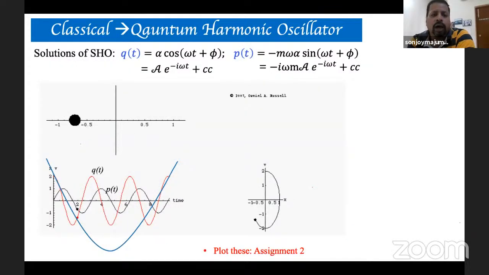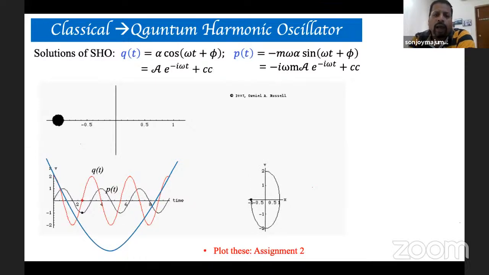Now let's see that. Before seeing the picture, let's look at the solutions. The Q and P in the classical case, we wrote as real variables. But generally we can write them in a complex form with the complex amplitude A, in both cases, plus the complex conjugate terms.